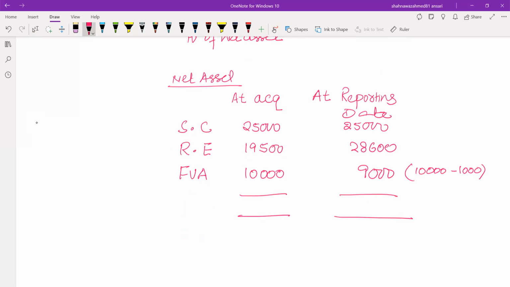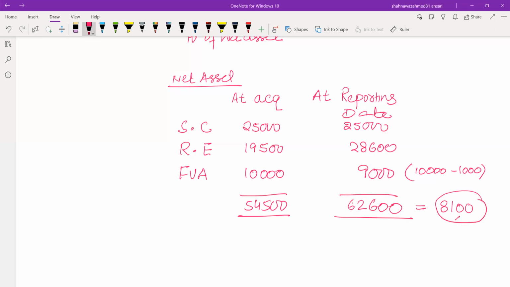So at acquisition, it is 54,500. And at reporting date, this is going to be 25 plus 28,600 plus 9,000. It's 62,600. And this is the post-acquisition profit: 62,600 minus 54,500, it's 8,100.